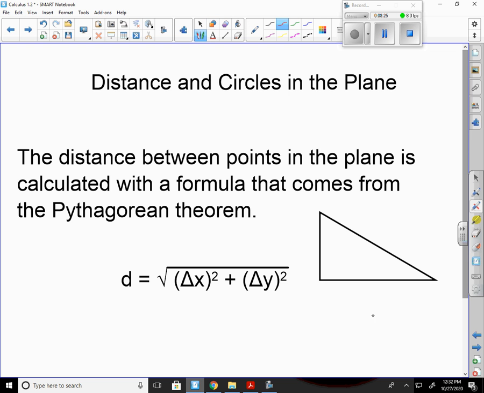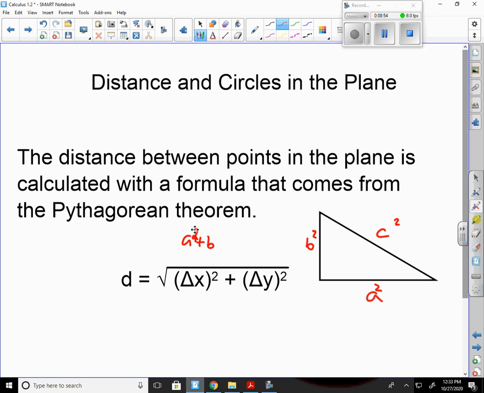And that theorem told us a squared plus b squared equals c squared. So that's how we would see the Pythagorean theorem.